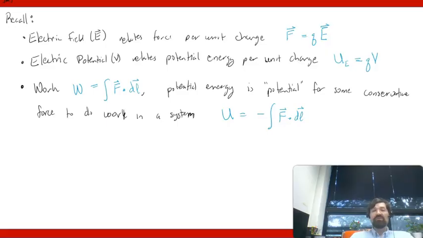Now, if you combine these statements together, it becomes apparent that the voltage V, remember that U is Q times V, so U must be equal to negative of the integral of F, that's Q times E, dot dl.